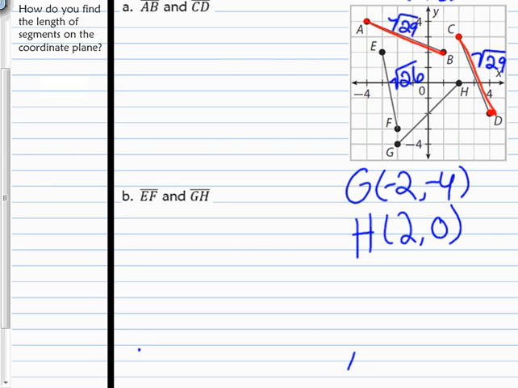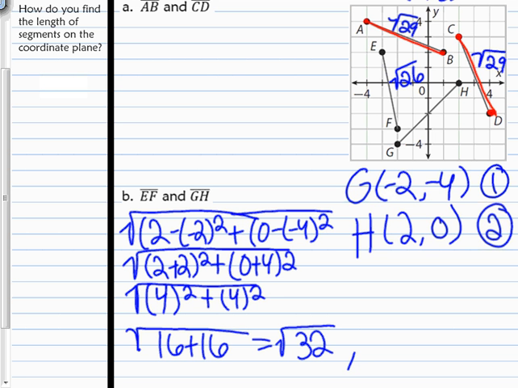Okay, we're going to use the distance formula again to find the length of GH. G will be our first set of coordinates, and H will be our second set of coordinates.